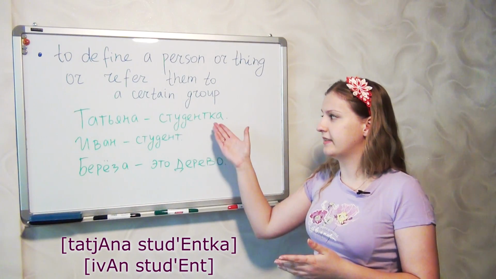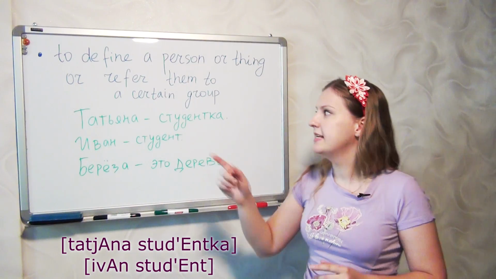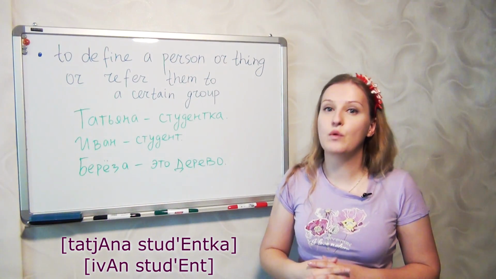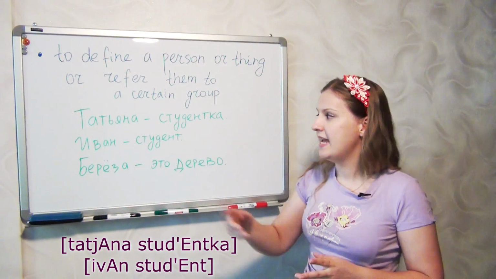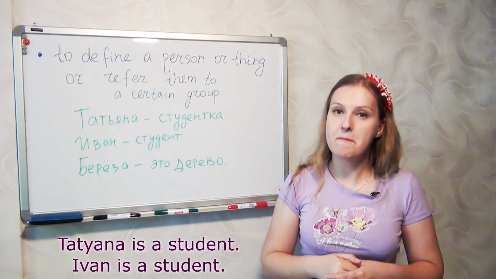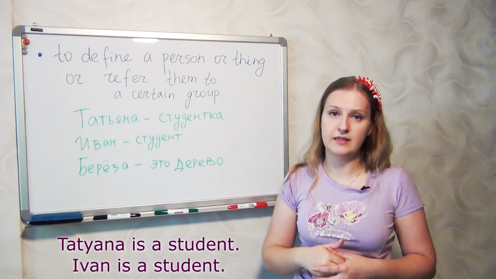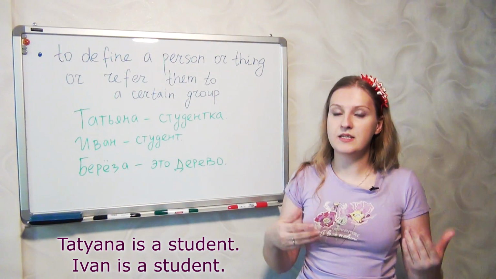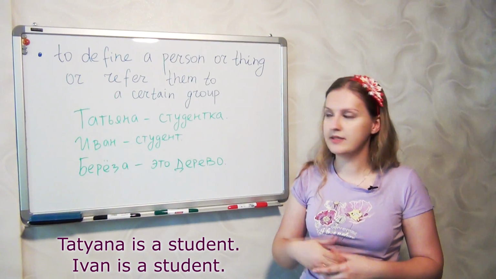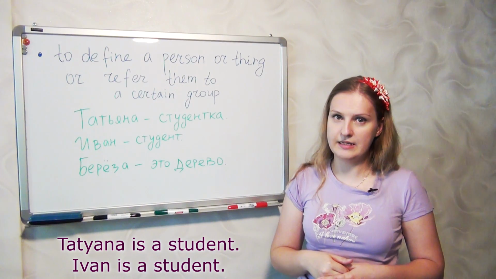Student means a student, but студентка is used for women, girls, for feminine, and студент is used for male, men. So, Татьяна студентка. It means Tatiana is a student. Иван студент. Ivan is a student.